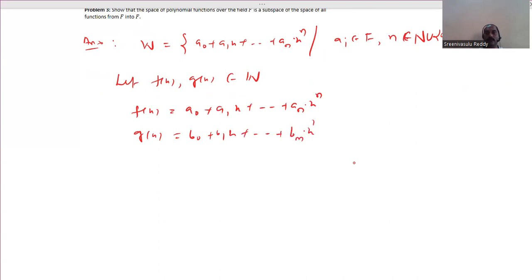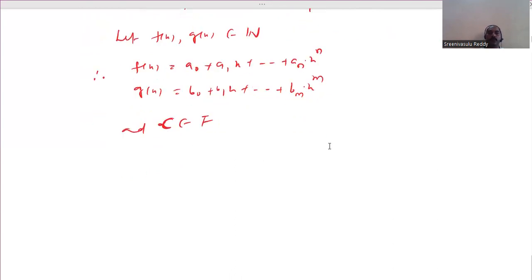Here m may equal n or m may not equal n; both are possibilities. Now take alpha, c belonging to the field F. Test c alpha, that is c f of x, plus beta, meaning g of x. If you have confusion, this is alpha, this is beta.